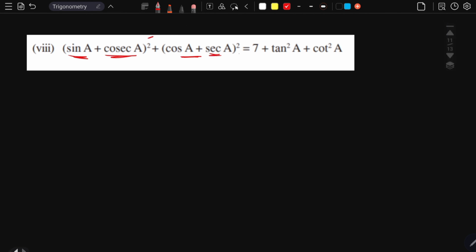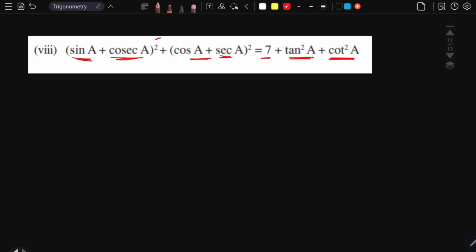It is given as (sin a plus cosecant a) whole square plus (cos a plus secant a) whole square, which we have to prove as 7 plus tan square a plus cot square a. So we'll try to prove it. Take LHS separately and expand in the form of (a plus b) whole square. Here also (a plus b) whole square.